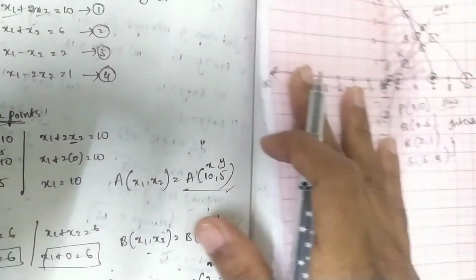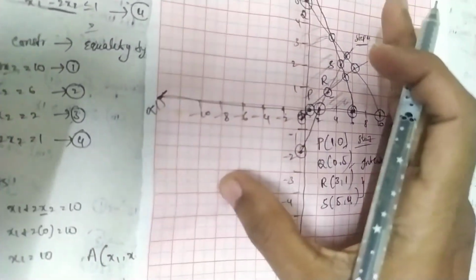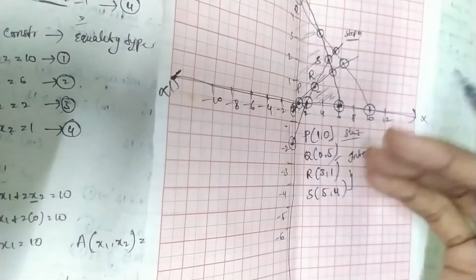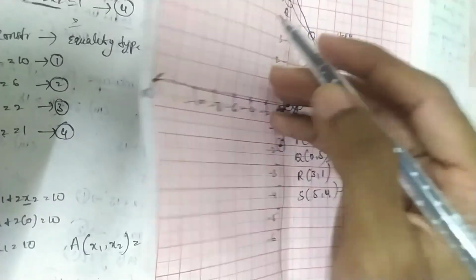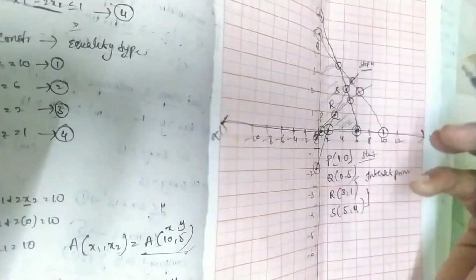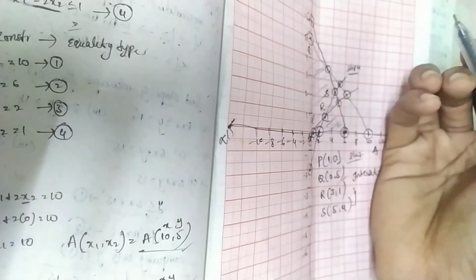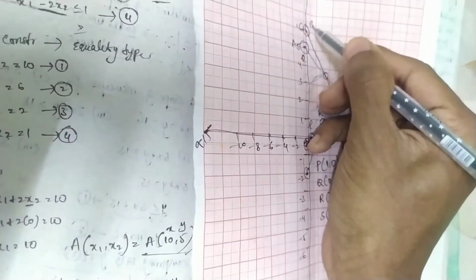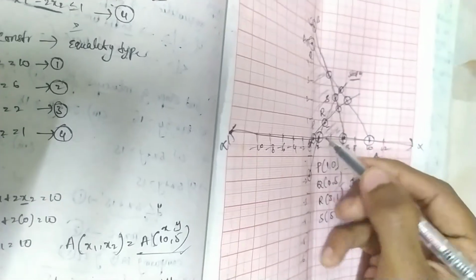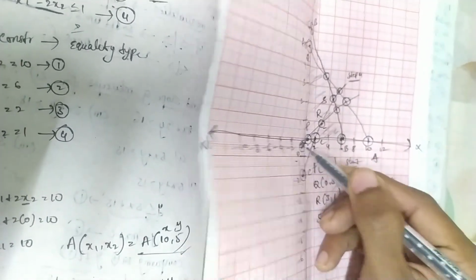These extreme points we have to plot in the graph like this. If we plot the points here, this is A, this is B, this is C and this is D.